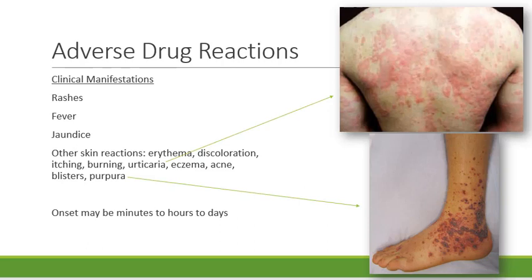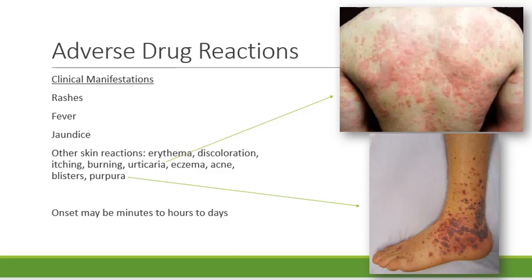Here are some examples of adverse drug reactions that you might be able to observe in a patient: rashes, fever, jaundice, erythema, discoloration, itching, burning, urticaria, eczema, acne, blisters, and purpura.